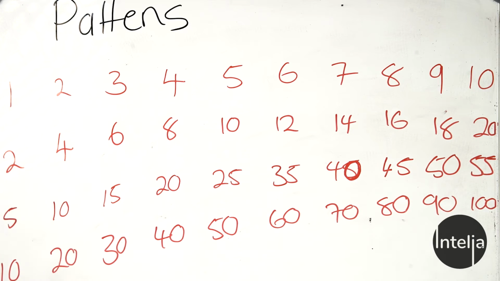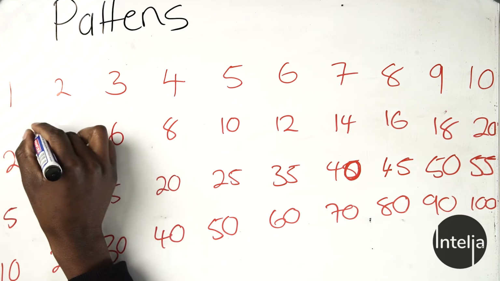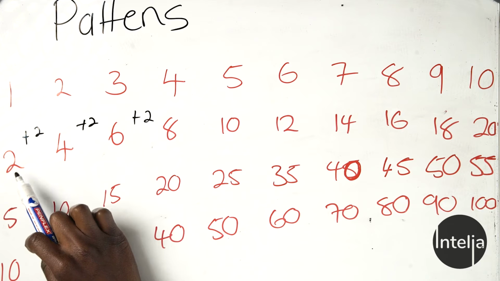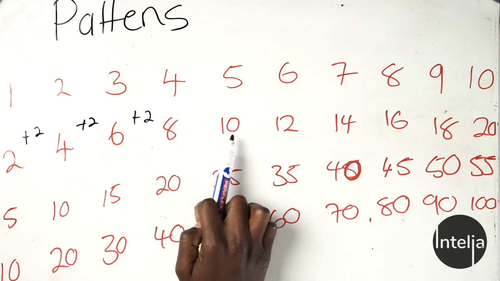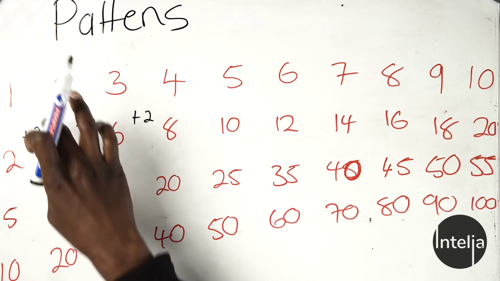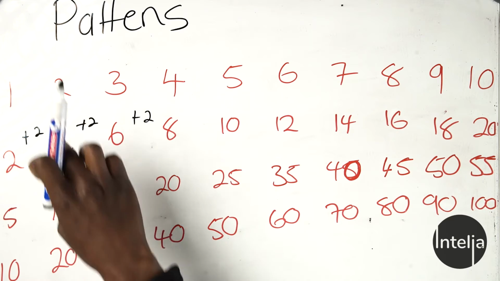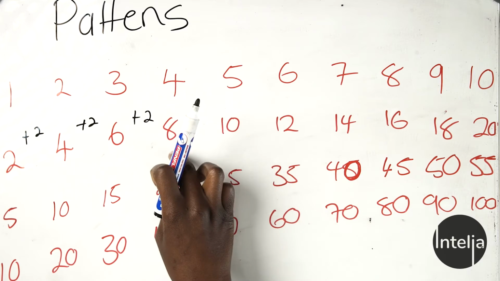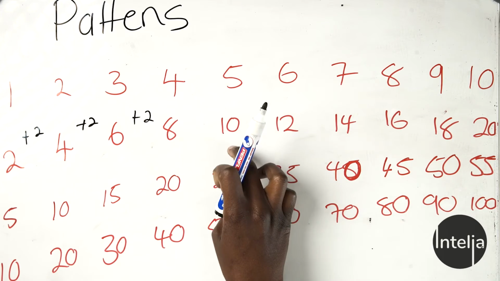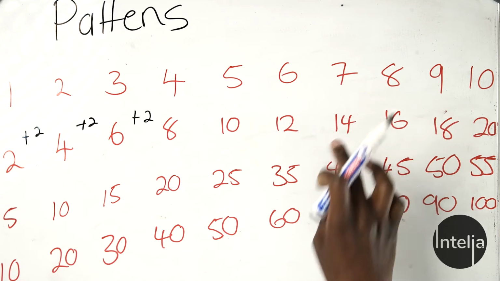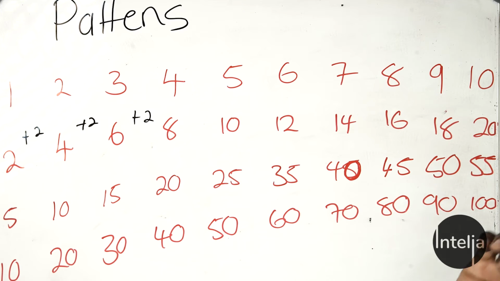Here we're just adding 2 plus 2 plus 2. 2, 4, 6, 8, 10, 12, 14, 16, 18, 20. You're simply adding 2. 2 plus 2 is 4, 4 plus 2 is 6, 6 plus 2 is 8, 8 plus 2 is 10, 10 plus 2 is 12, 12 plus 2 is 14. It's a pattern like that. It ends at 20.